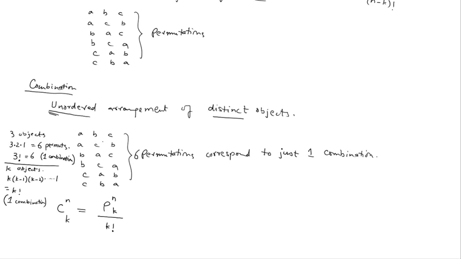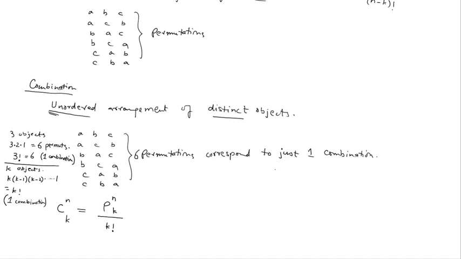So if you are counting the ordered arrangements, which you call permutations, those are 6. But if you're counting combinations, all of these are the same combination, because in a combination, order doesn't matter. For us, it's just one combination.